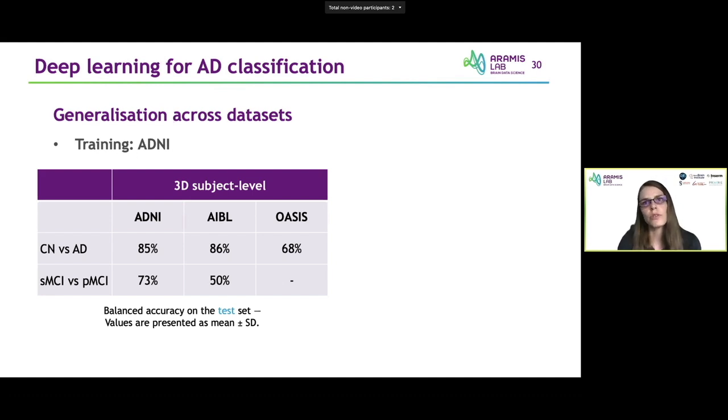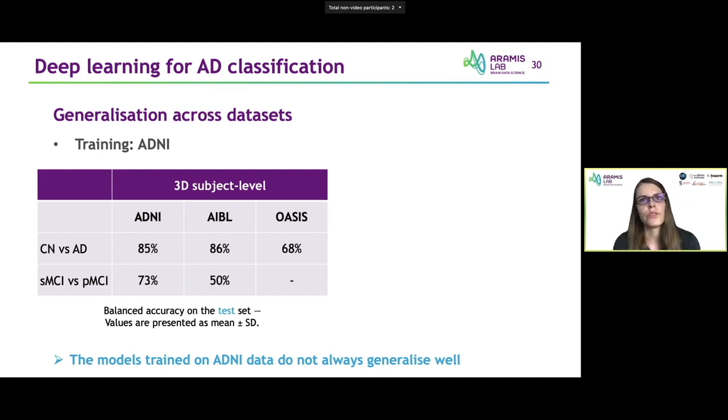But you can see that the model doesn't generalize well to the stable versus progressive MCI task for AIBL. It could be because MCI participants from AIBL are substantially older than those of ADNI, which is not the case for the AD and CN participants. And as for the traditional machine learning approaches, and for the same reason, the accuracy is lower for OASIS.